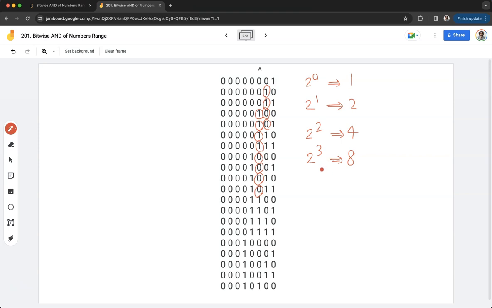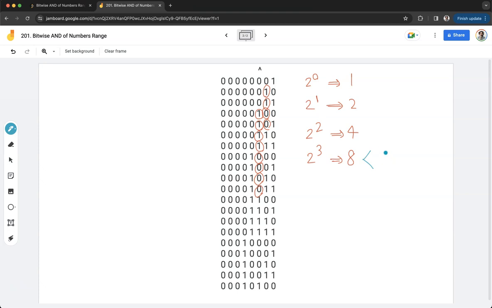Okay. So that means if, for example, the total numbers that you have from left to right is greater than 8.